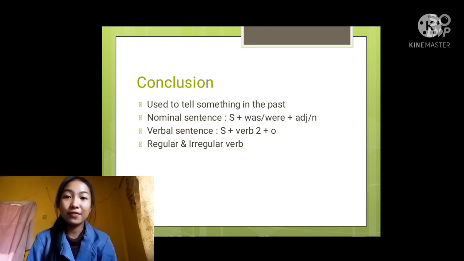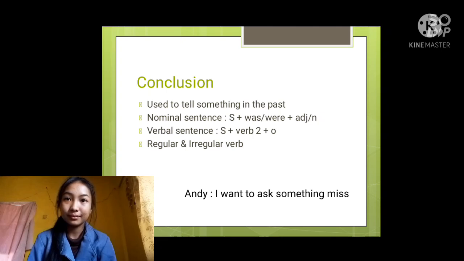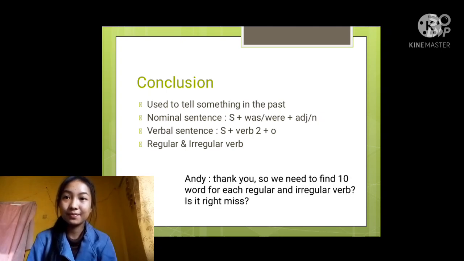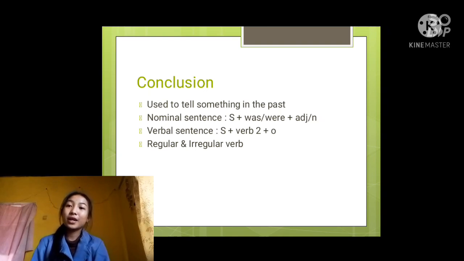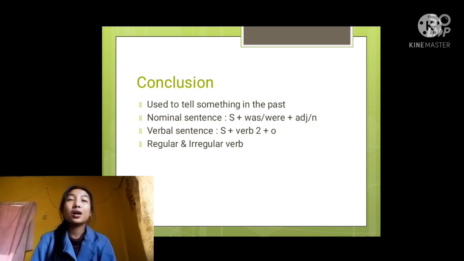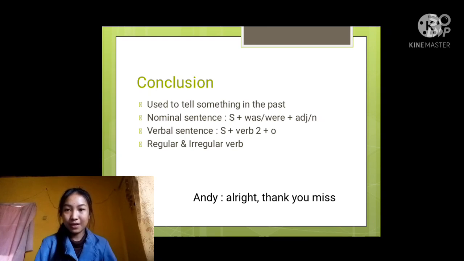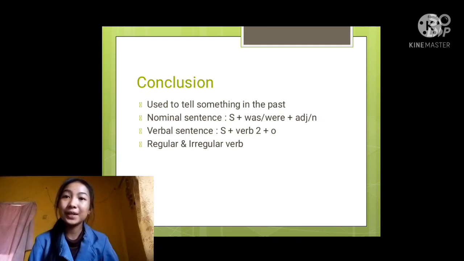Do you have any questions? Yes, please. For the regular verbs, you need to find at least 10 examples, and for irregular verbs, at least 10 examples. So you have to find 20 verbs. Right, thank you. Any questions, please?